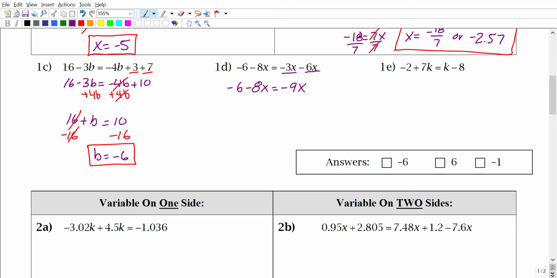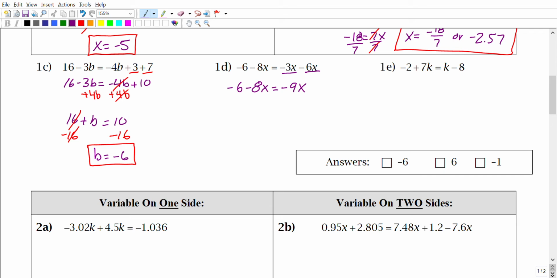All right, good. Now, you have actually two different methods of solving this problem. As a general rule of thumb, remember what we said. We like to move the smaller variable term, the negative 9x. Now, in this case, I'm not going to follow that rule of thumb, and it's okay not to do it. You can solve it in different ways.